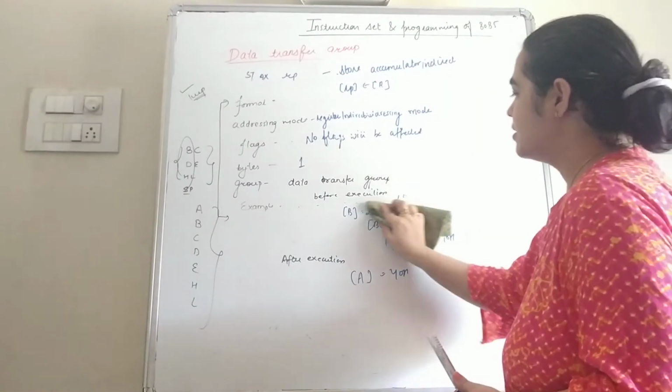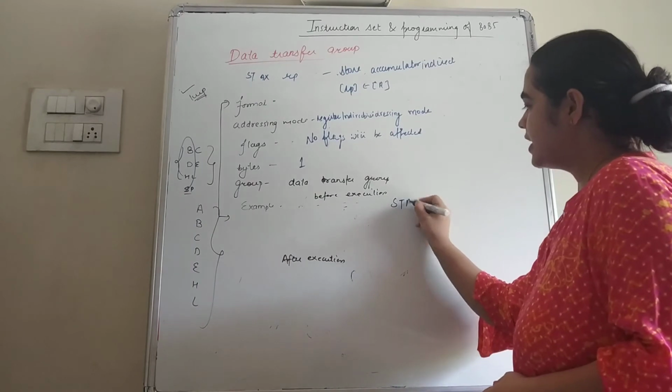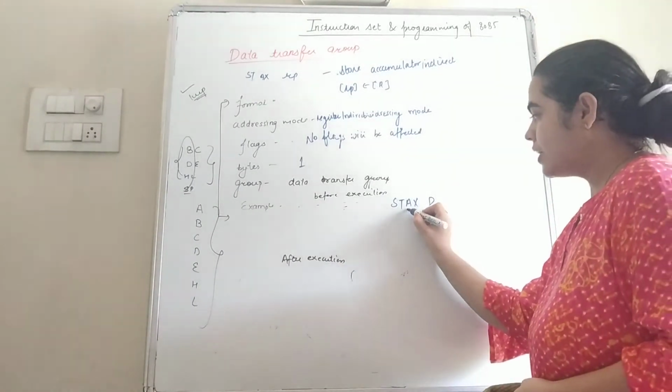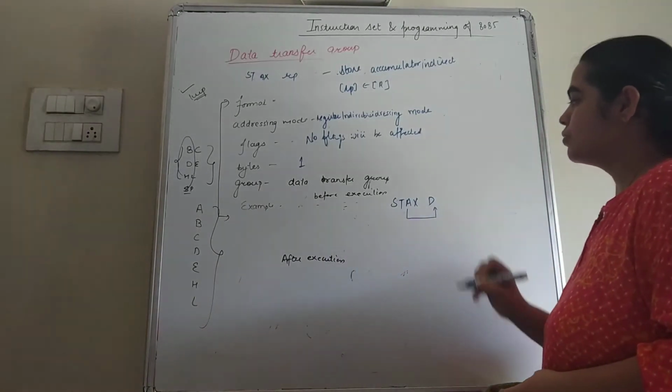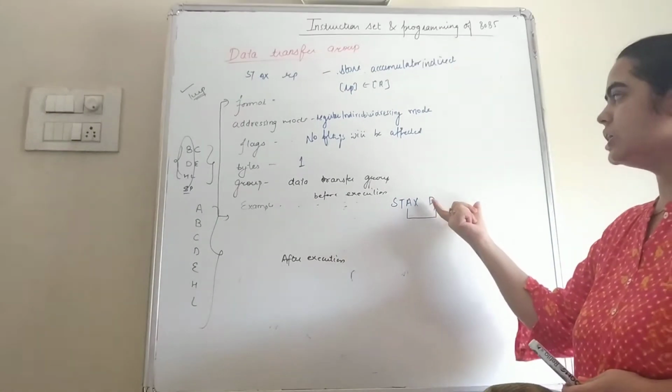For example, we have the instruction STAX D. This instruction means we can store the contents of the accumulator into the memory location that is pointed to by the DE pair.